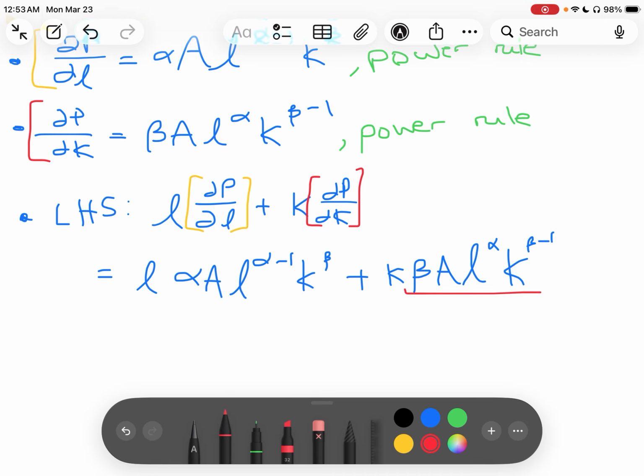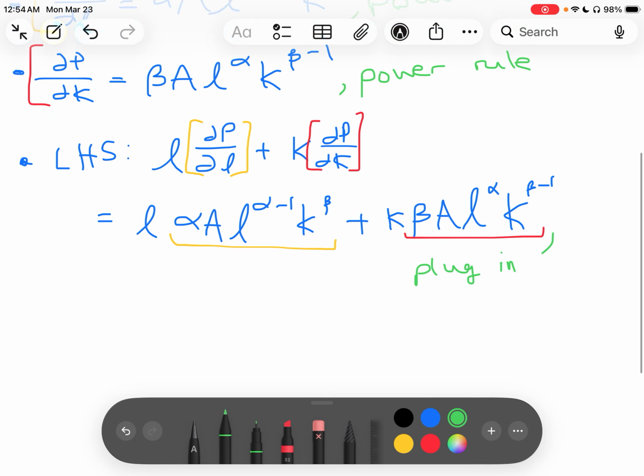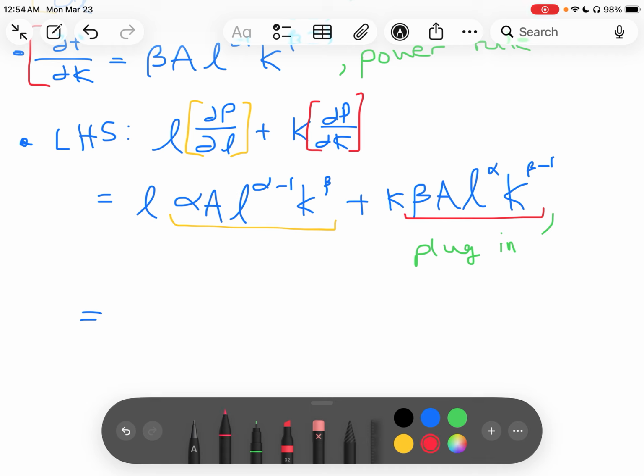So this part is this thing, this is this thing. Now we can expand and simplify. So here what we did was we just plug in. That's what we did earlier. Now we're going to expand and simplify, or just simplify really.